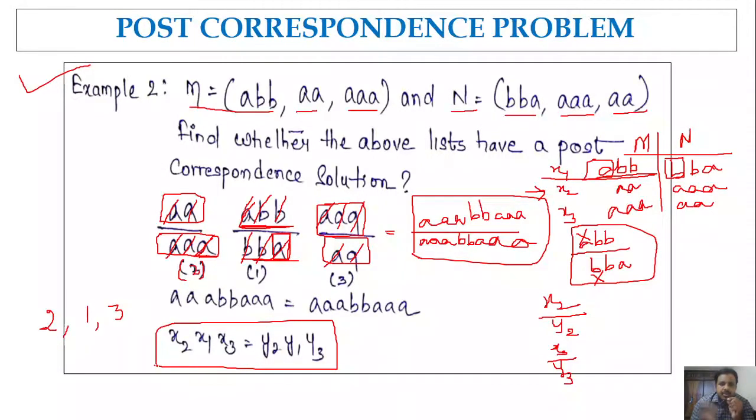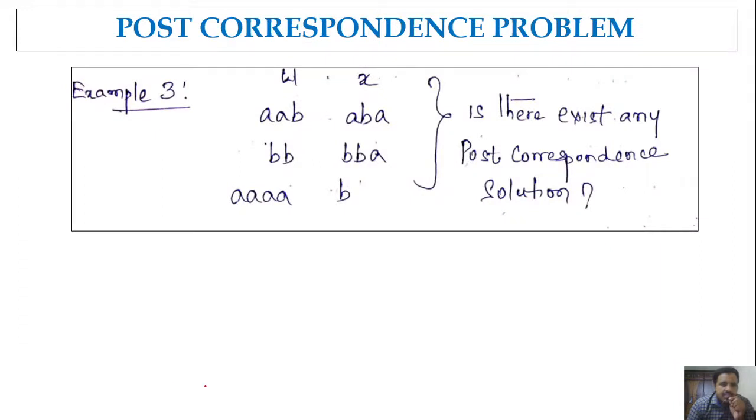Okay, next one. So this is example 3. Just look at this example. Here we have a list W and list X, and we have the items A, B, B, B, A. So let me consider that W is there, X is there.